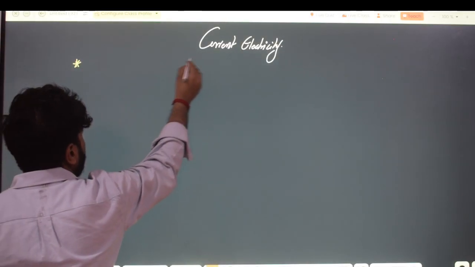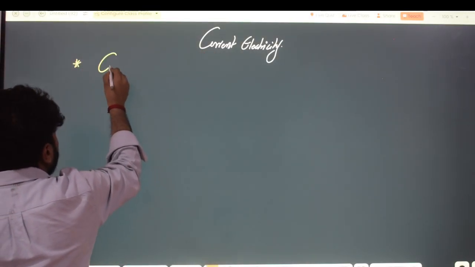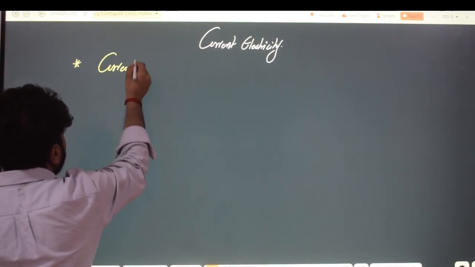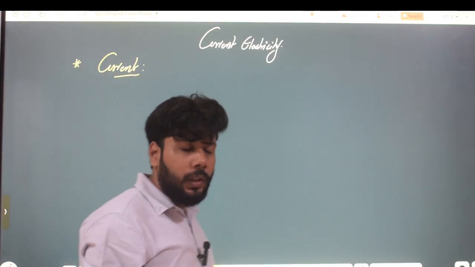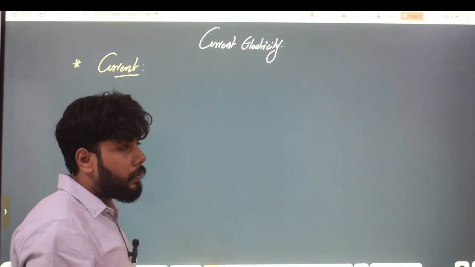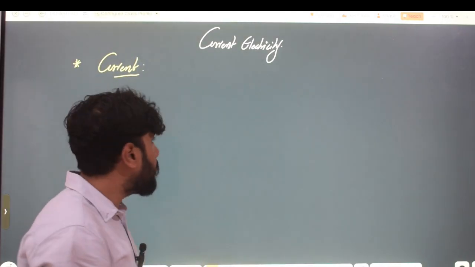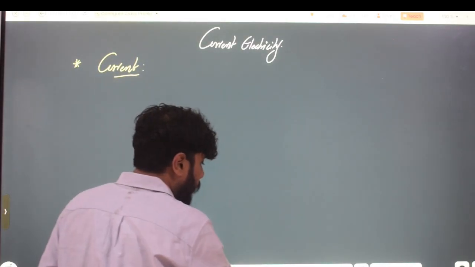If you simply take what we are discussing here, current, in simple fashion, just measures the flow of charge, or how much charge has flown from a particular cross section in a given time. That is your current, right?